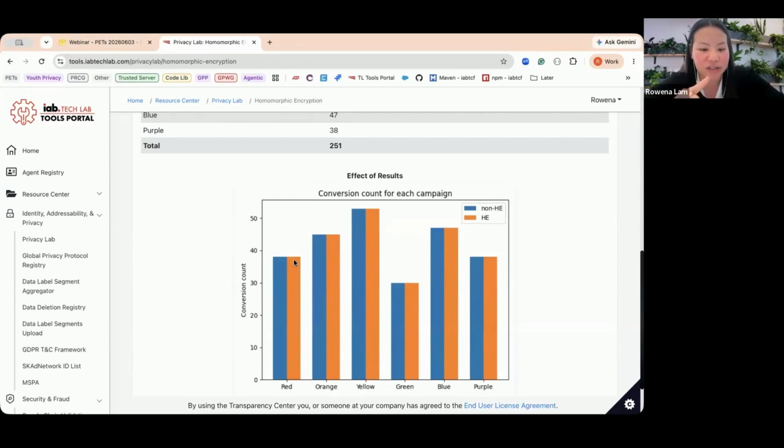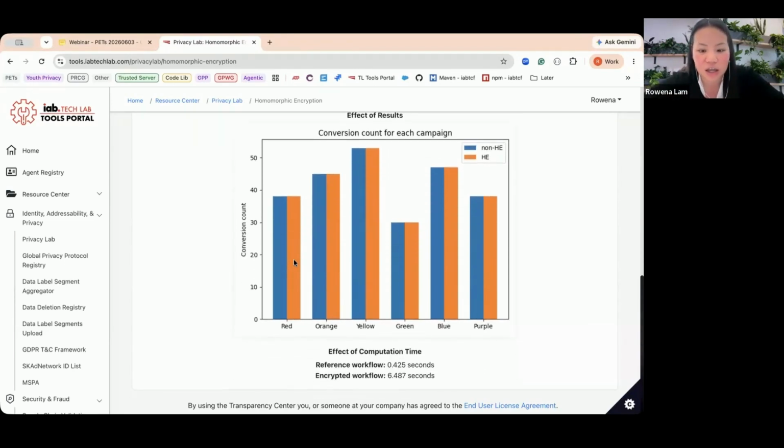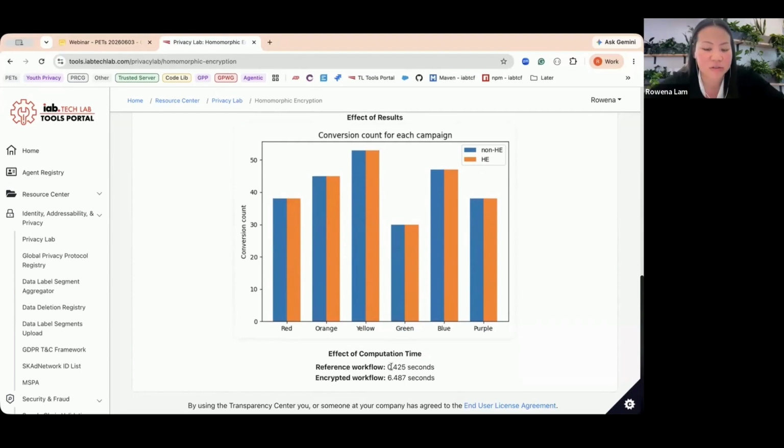But as we noticed, as I was running this, it took a little bit longer to compute. And so that is really what the trade-off is in terms of leveraging homomorphic encryption. What we have at the bottom is the reference workflow. On unencrypted data, it took 0.425 seconds to do the calculation.